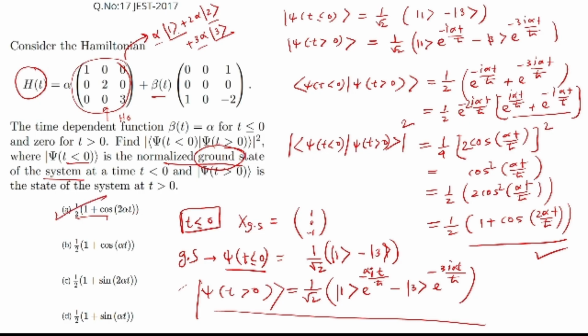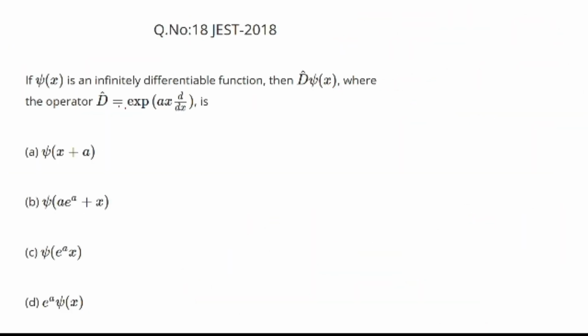Next, psi of x is an infinitely differentiable function, and you have to find the value of this operator d, which is given. Firstly, what is an infinitely differentiable function? That means we can differentiate the function infinitely and it gives a finite value, like e to the power x.